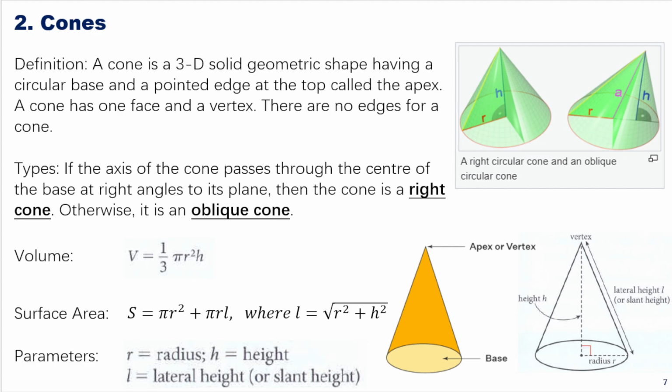So the concept of slant height is illustrated on the diagram on the right. Please have a look at the concept here. Any questions, just let me know, okay? And next we'll have a look at some typical examples related to cones.